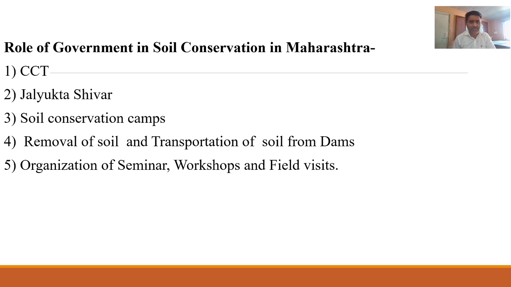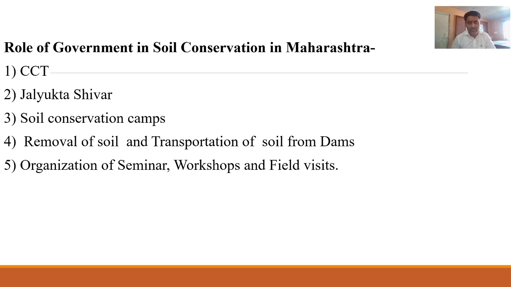In this activity, the government of Maharashtra has decided to identify the areas where there is a shortage or scarcity of water, and in that area they have identified the rainfall and sources of water, and accordingly there are practices which are useful for soil conservation.